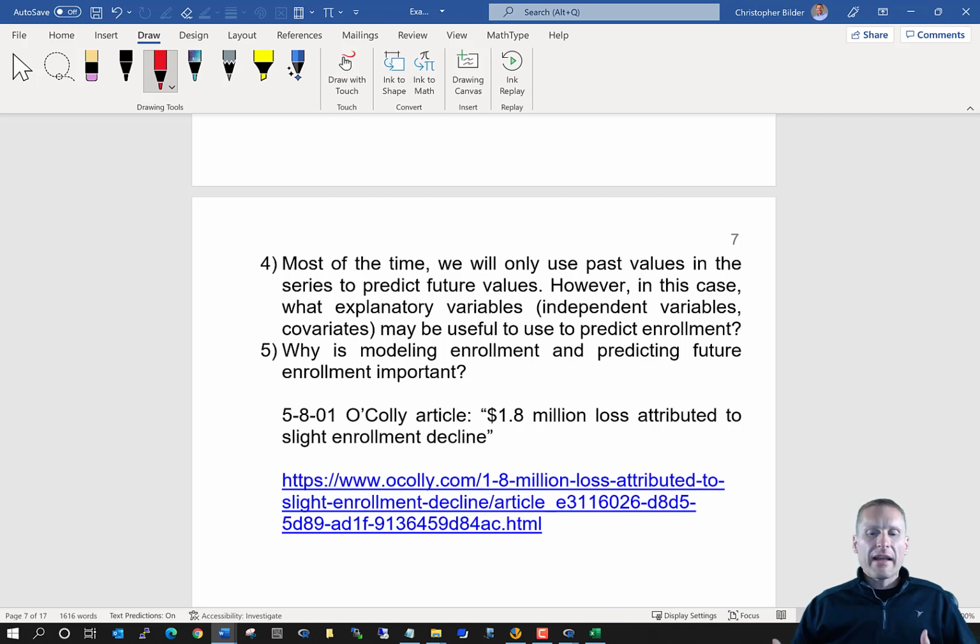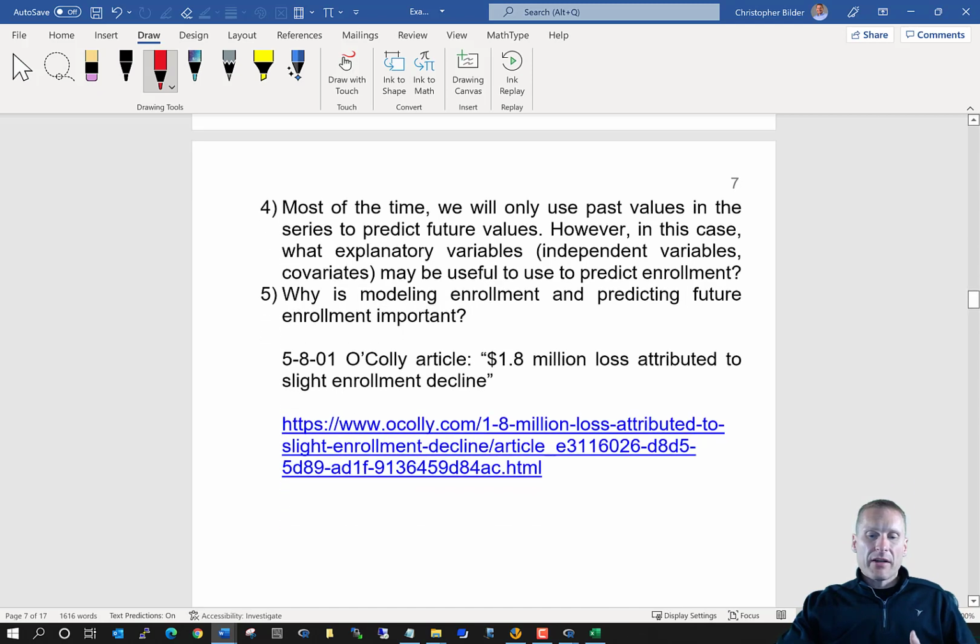And so again, why is modeling enrollment and forecasting future enrollment important? I talked about this a little bit earlier. What actually ended up happening was in 2001, the OSU administration came up with forecasted enrollments, and they forecasted way too high.